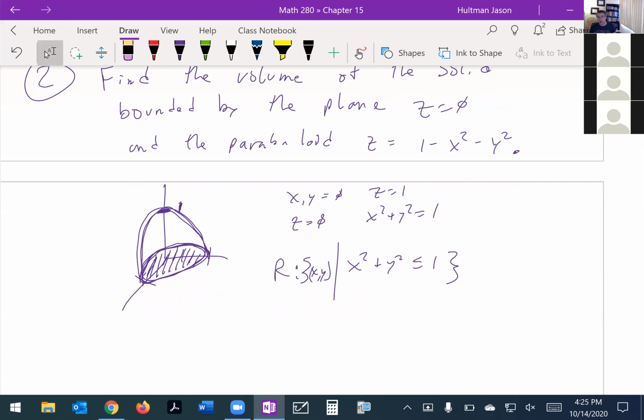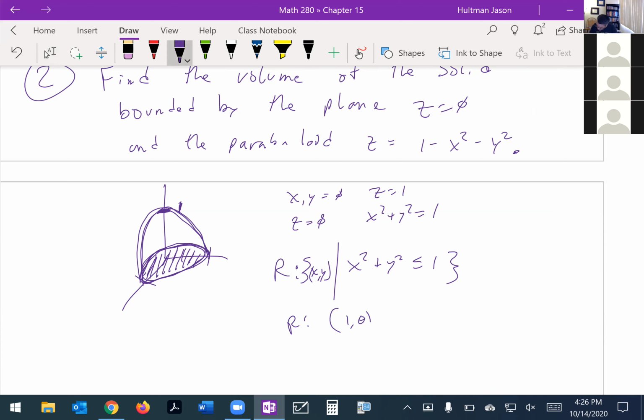But that's a circle. That lends itself to polar coordinates. Why? Because how do we represent the unit circle in polar coordinates? It's just r equals 1. In polar coordinates, this would be r theta.